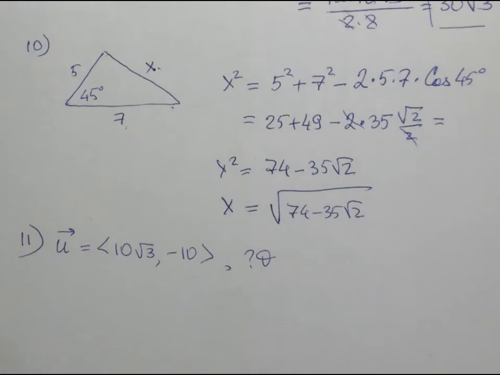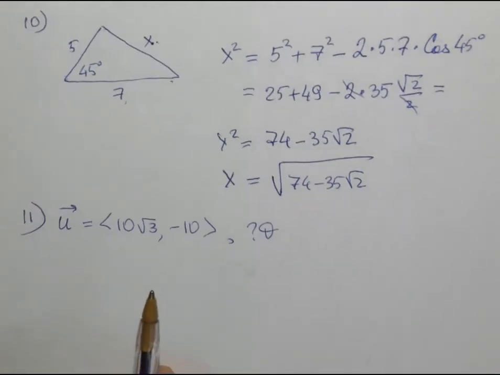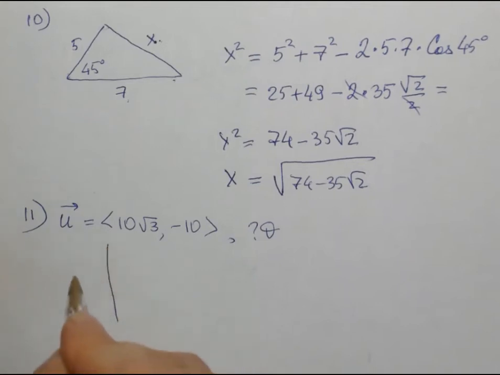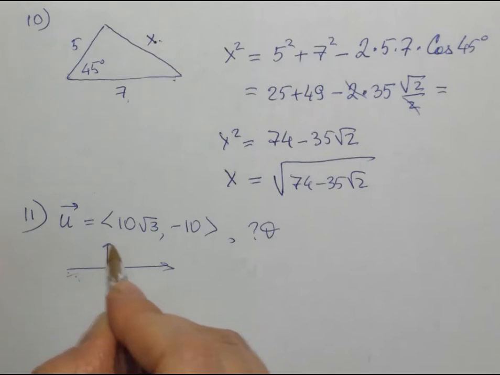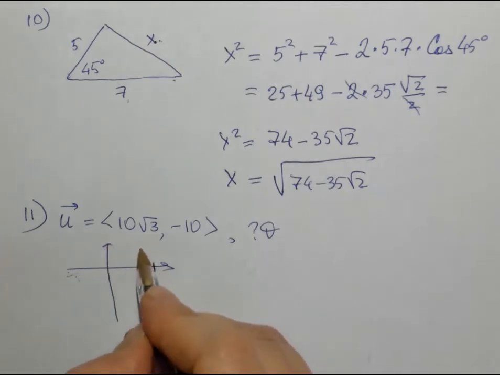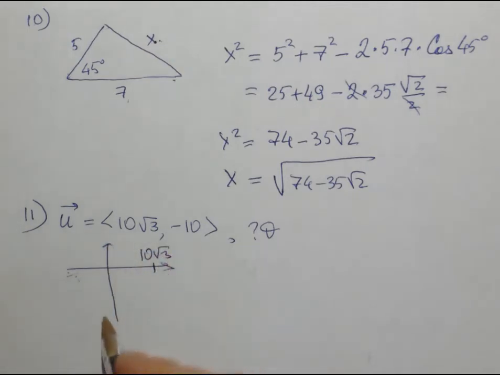Let us consider the vector u given by two components, x component and y component, and we want to find the direction angle theta. Let us make a sketch for this angle. We know that the x component is positive 10 square root of 3.